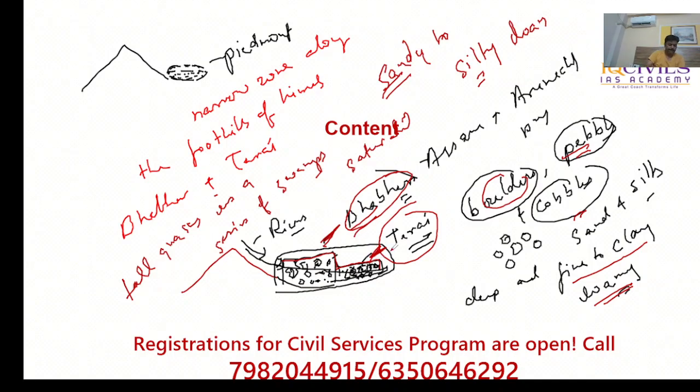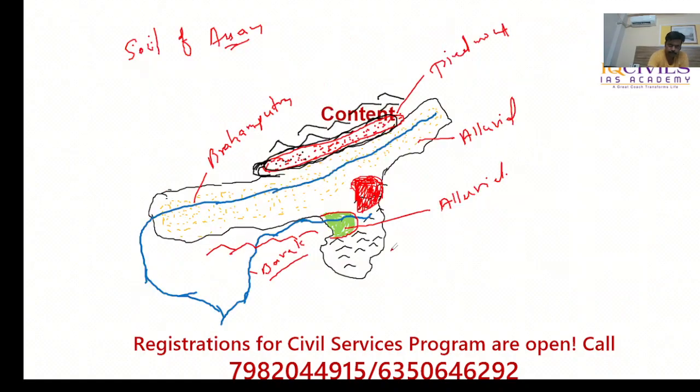Okay, so hill soils, they are found in the Assam Meghalaya border, the Karbi Anglong Plateau, southern part. So hill soils, you can see here, southern hilly terrains.